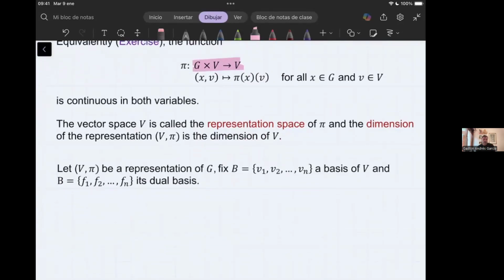So when we have a finite dimensional representation of a group, the vector space is called the representation space. And the dimension of the representation is just the dimension of the vector space.